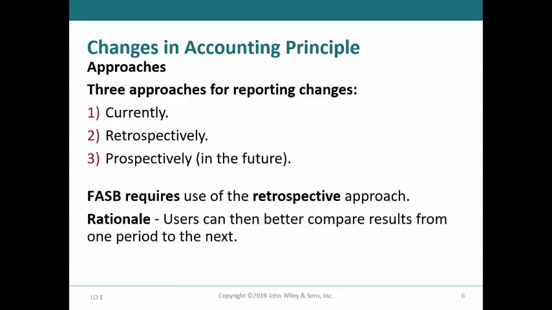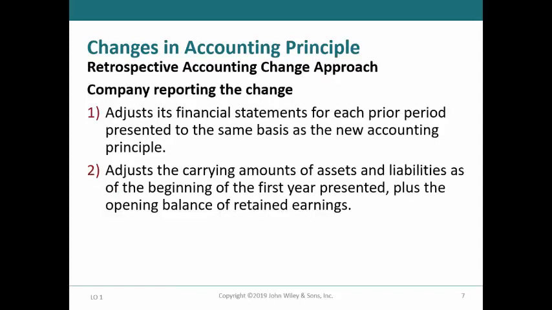The prospective approach is to begin using the new principle in the current and prospective periods with no recording of the cumulative effect and no restatement of prior periods. Thus, this method also affects comparability. The FASB chose the retrospective treatment for changes in accounting principle because it increases the comparability of the financial statements.